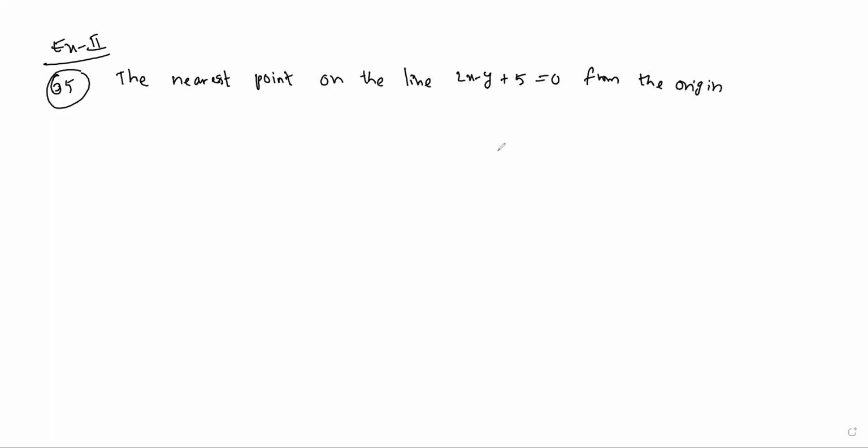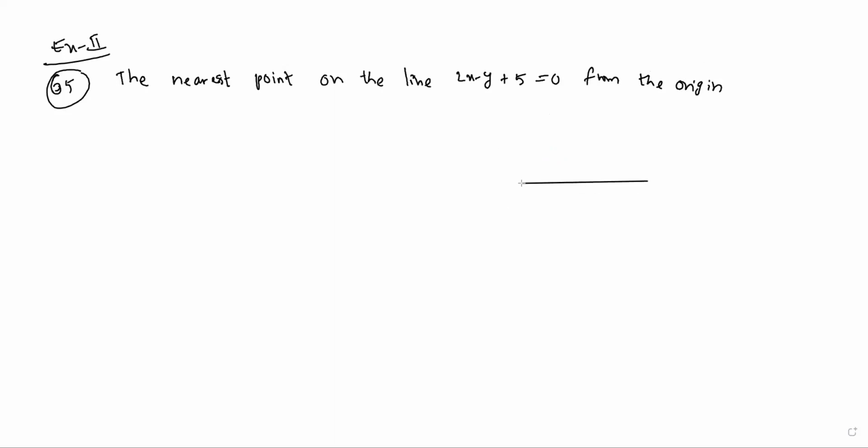Any point which is nearest to the line is compulsorily found by the perpendicular line, only when you draw it is it possible. From the origin we need to find the nearest point on the line. Let me draw exactly.